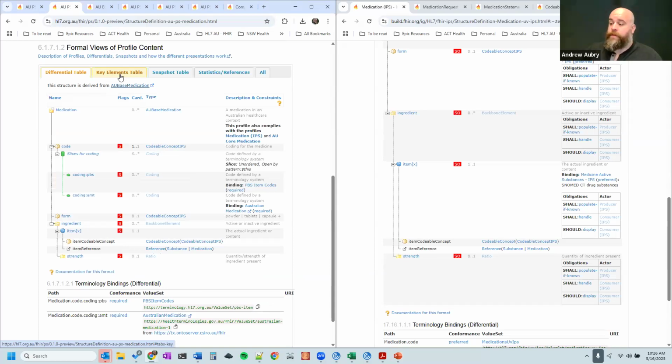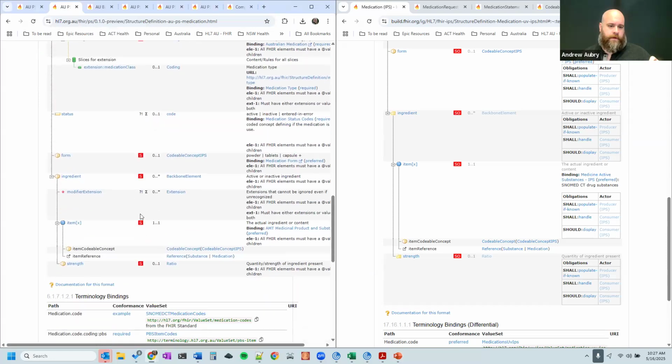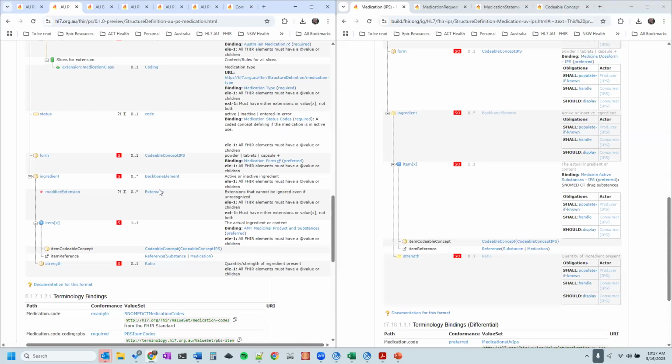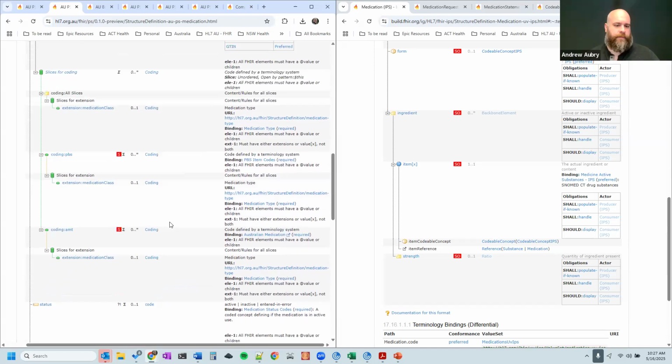Well, if we want the binding in patient summary to, so sorry, there's two pieces. One, the item right now. Maybe go to the key elements. This is the key, Andrew.